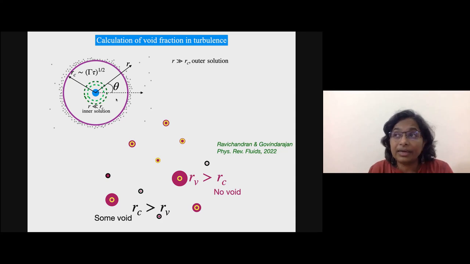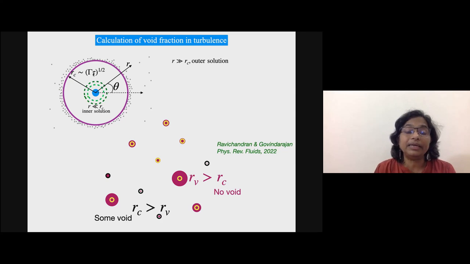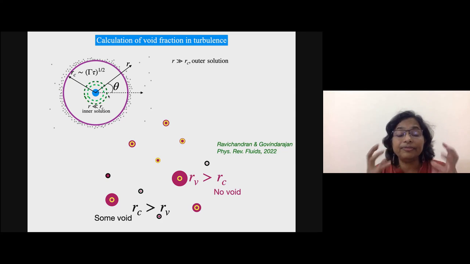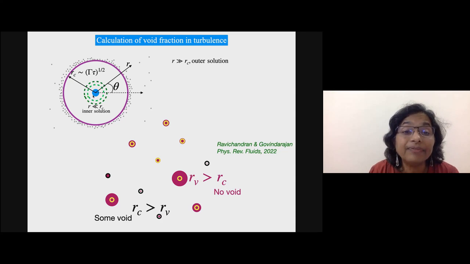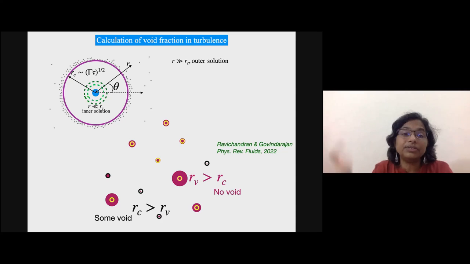Here we're talking in the context of a cloud, but it will be valid for any other situation where there are particles. So now the first thing we know is that there is this special caustics radius given by this quantity. The vortex itself is shown to be very small here, and the void region is shown to be very big.